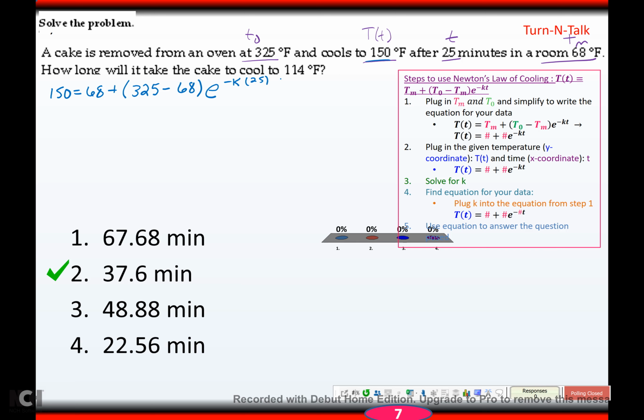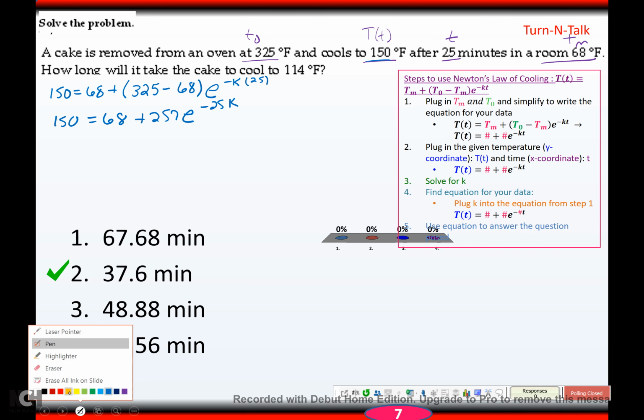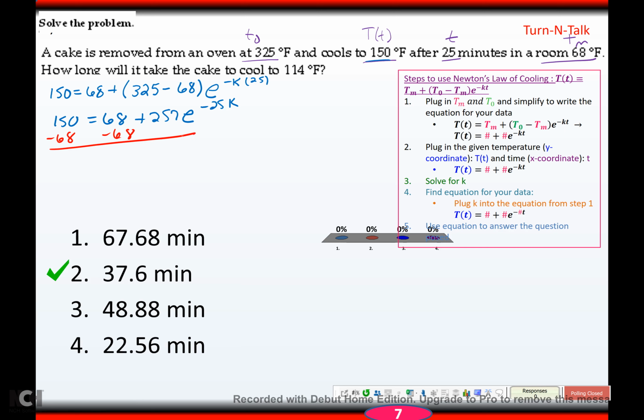So if I solve this for k, I have 150 equals 68 plus 257e to the negative 25k. So if I isolate, I'm going to subtract 68. 150 minus 68 is 82, equals 257e to the negative 25k.